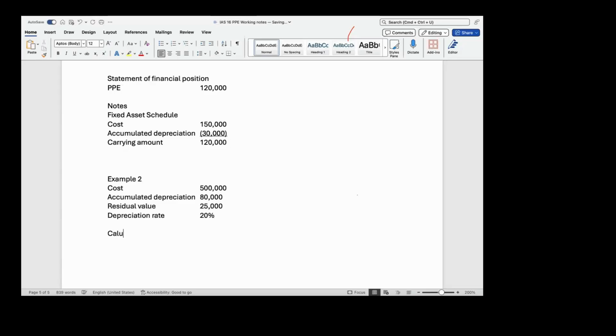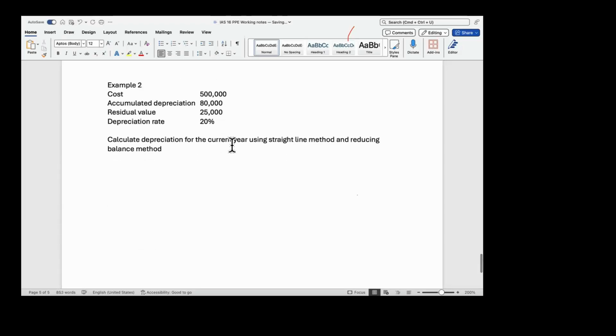They now say calculate depreciation for the current year using the straight line method and reducing balance method.